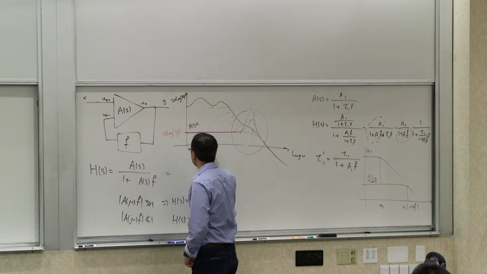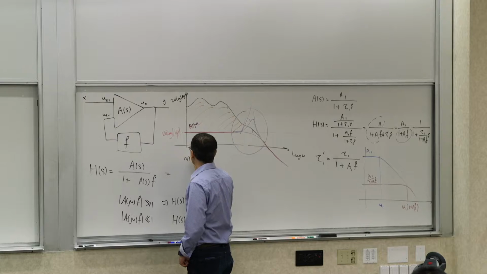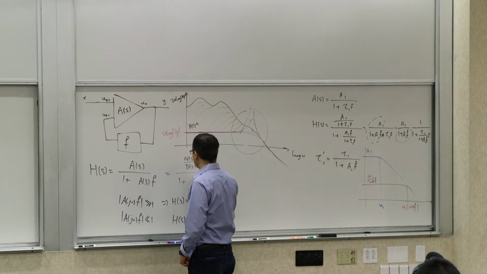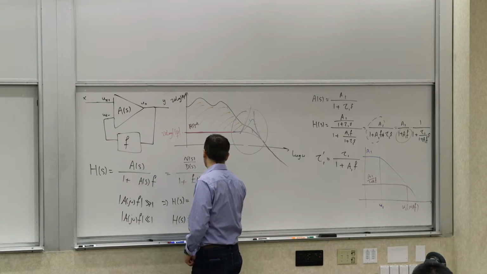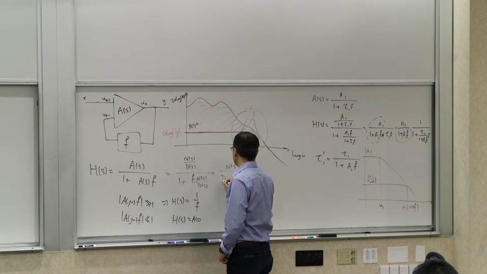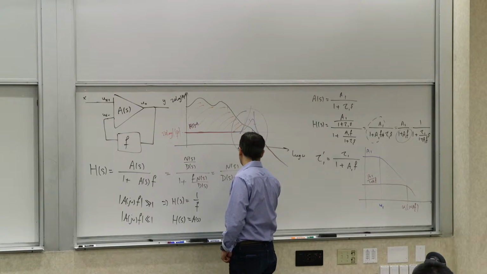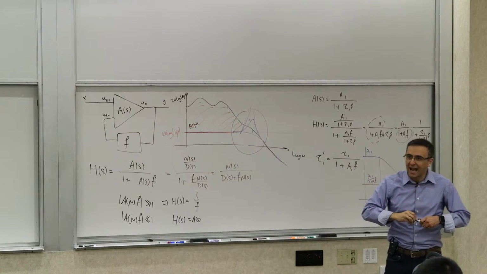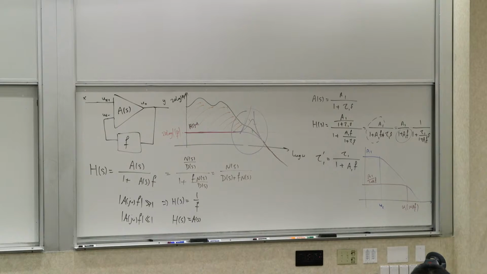So if I write A of S as N of S over D of S, the numerator divided by the denominator, here we will get F times the numerator by the denominator of S. You should easily see that it's basically D of S plus F times N of S. So what you see here is what has happened to the poles and zeros of the original transfer function before you applied the feedback to it.